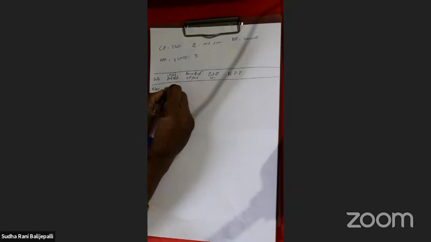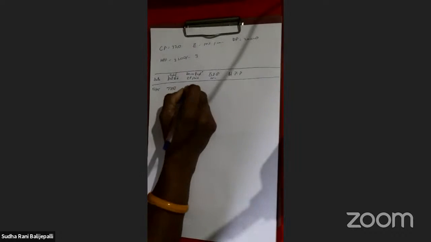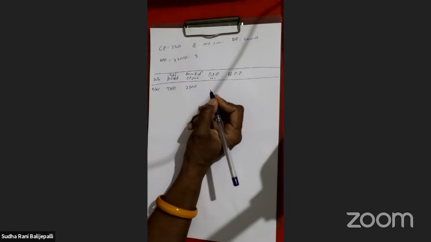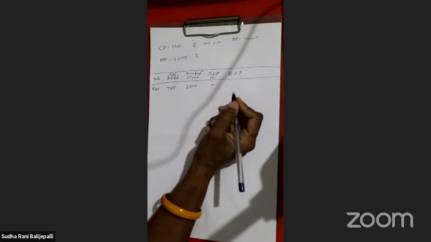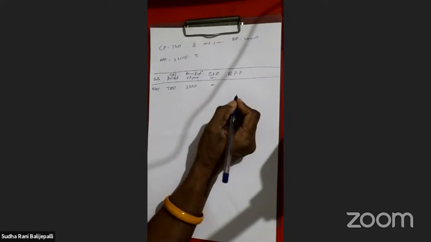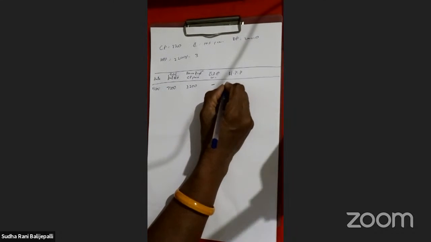The total value of machine has been given as 7,700, upon which he paid 2,200 down payment. So on the date of purchase, I already told you, he will only pay the down payment, upon which we don't charge any interest, because we are paying it out of our pocket. So no interest will be charged upon that.